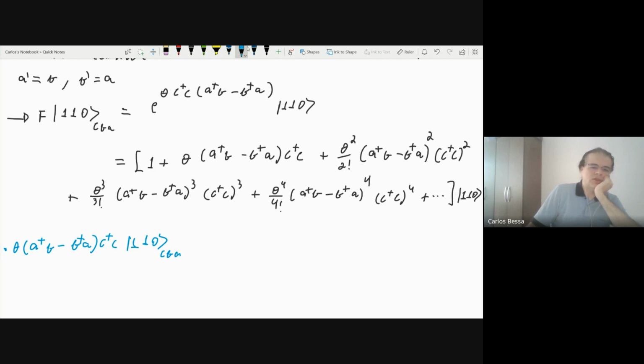So C, the annihilation operator in mode C, applied to the one photon state, annihilates it. So you have the vacuum now, but now this creation operator will create again the single photon.